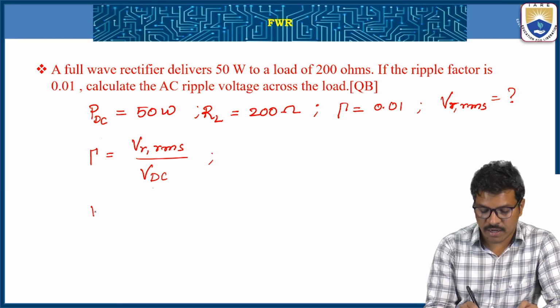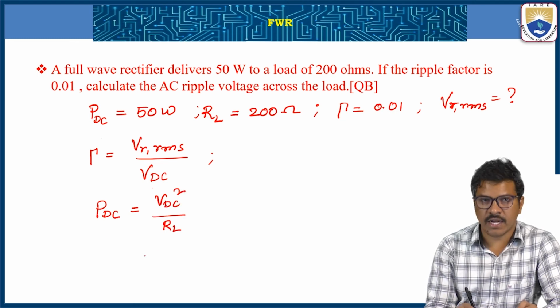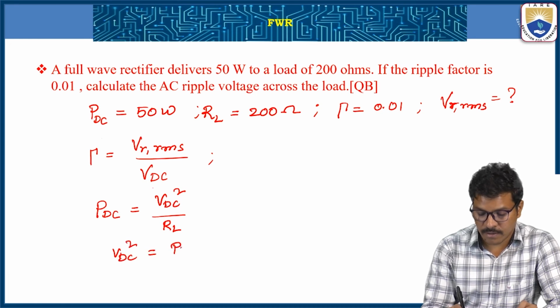From the given data, the power formula for PDC is VDC squared by RL. PDC is given, RL is given. So VDC squared is equal to PDC into RL.